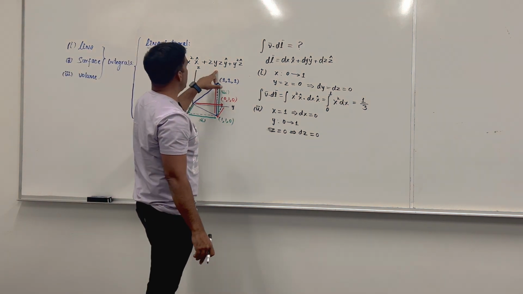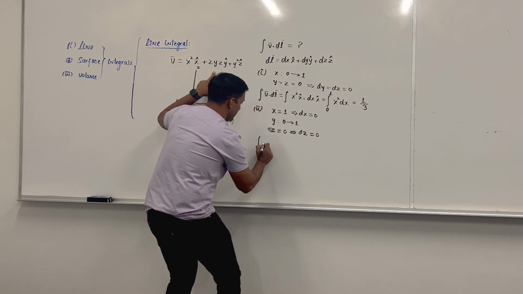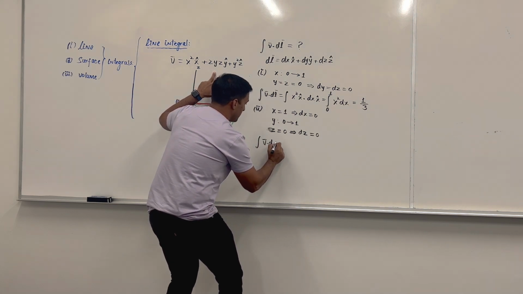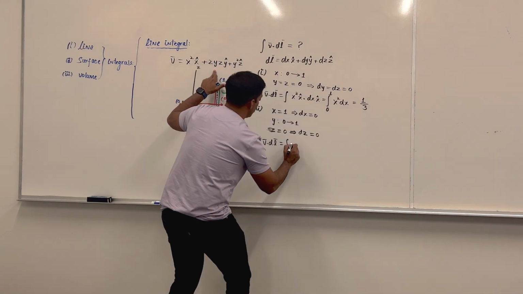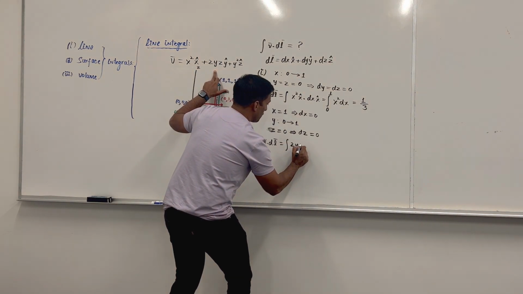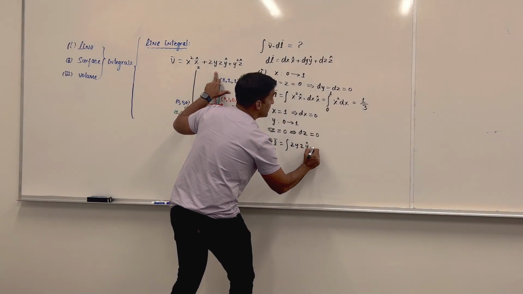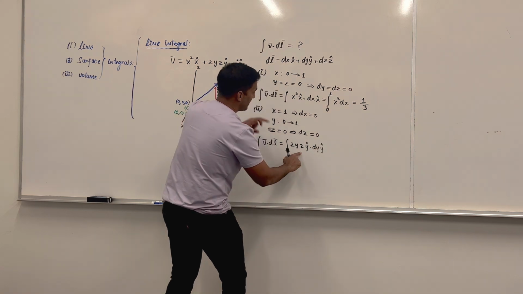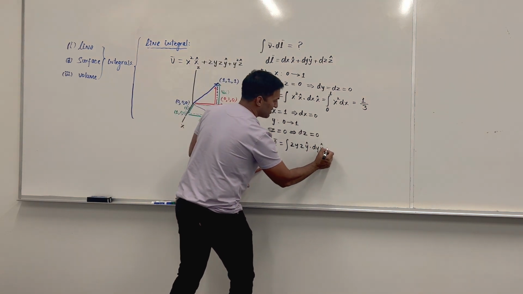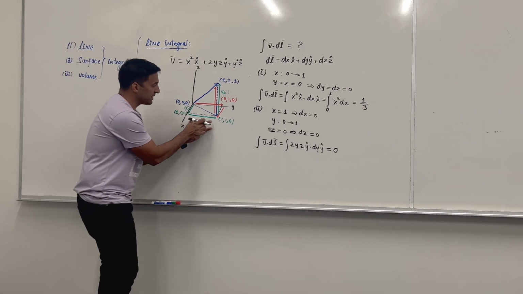So we are only left with this middle term, which gives us integral v dotted with dl equals integral 2yz y unit vector dotted with dy y unit vector, but then z is 0, and so this gives us 0. So the line integral along this green line is 0.